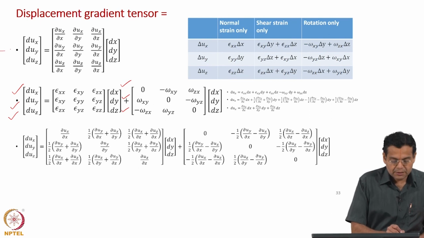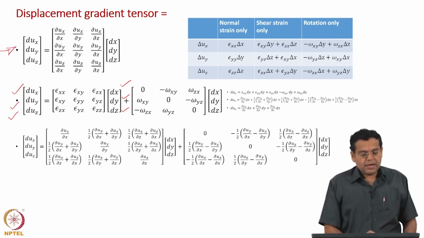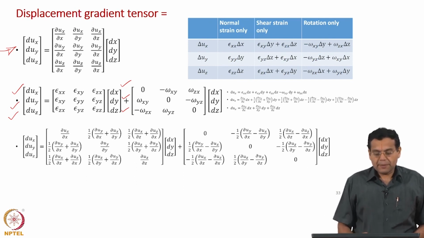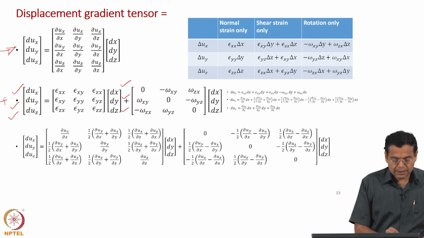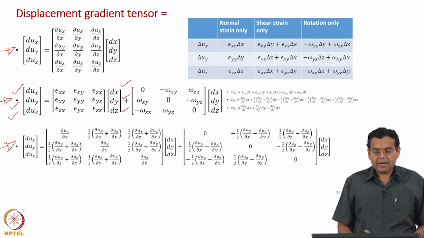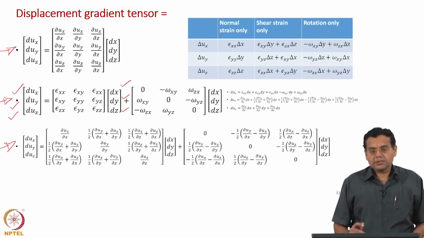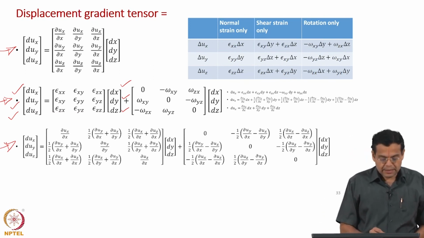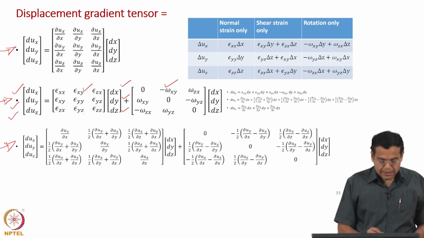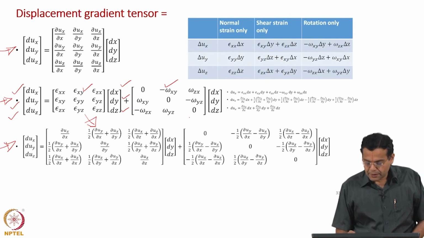So, this equation shows the relationship between dux, duy, duz and dx, dy, dz obtained using the mathematical method, the first method, and these two are the equations obtained using the second method, where we considered the components of total displacement one at a time, namely normal strain, shear strain and then rotation. And here the equation is in terms of the components of the two tensors. Here they are written in terms of the displacement gradients.